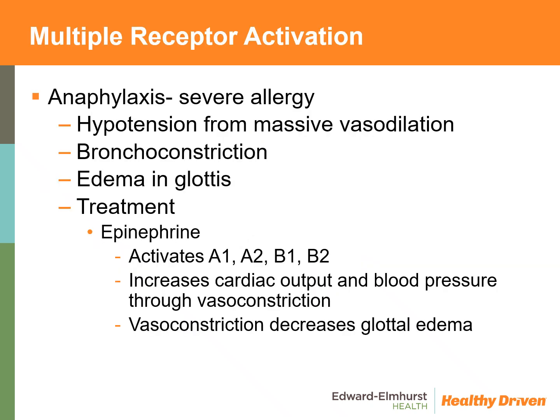So there's multi-receptor activation. Anaphylaxis is the main one, which is a severe allergy. It causes hypotension from massive vasodilation, bronchoconstriction, edema in the glottis, and your treatment is epinephrine. So that activates alpha-1, alpha-2, beta-1, and beta-2. It increases cardiac output and blood pressure through vasoconstriction, and vasoconstriction decreases that glottal edema.